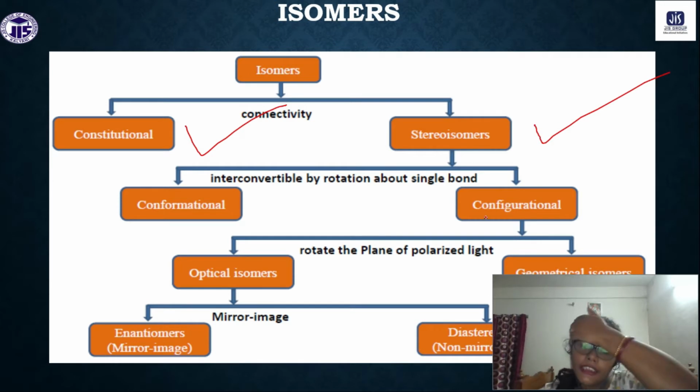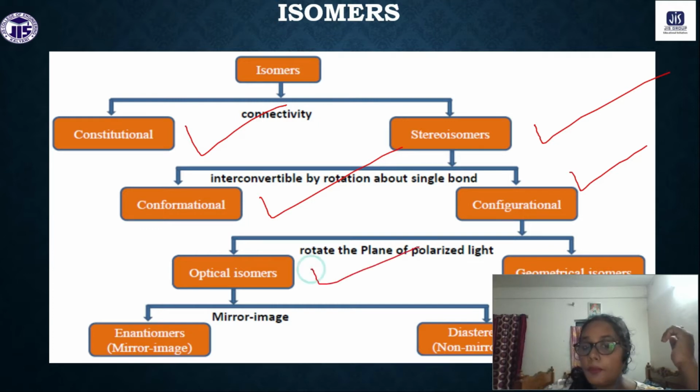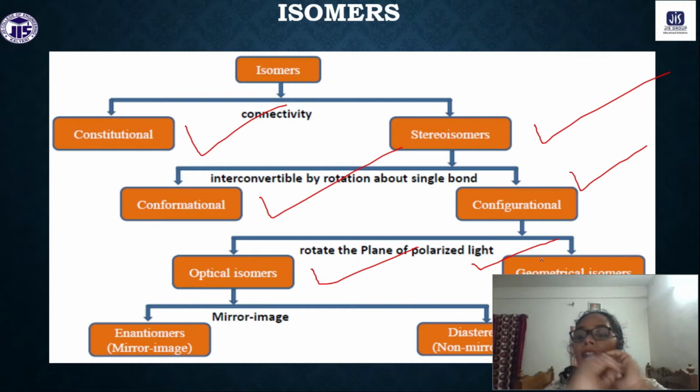Again the stereoisomers are of two types, conformational and configurational. Again the configurational isomers can be of two types, optical isomers and geometrical isomers. Optical isomers means the enantiomers and diastereomers, and geometrical isomers means cis-trans isomers. So all this we will discuss in detail.